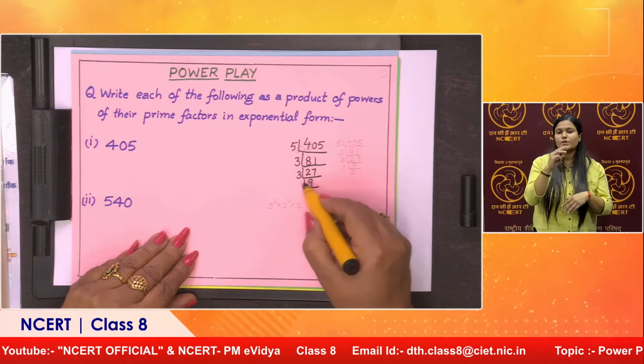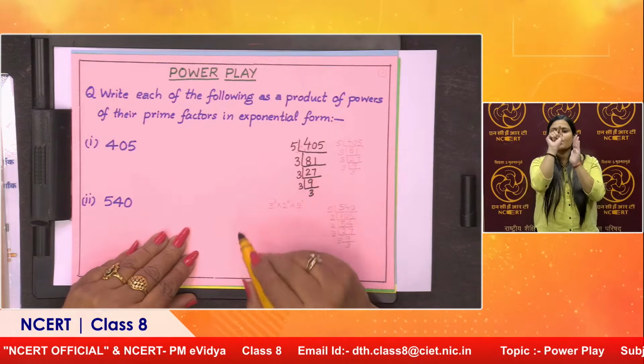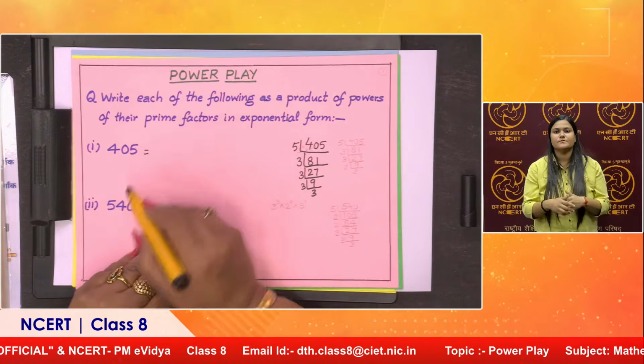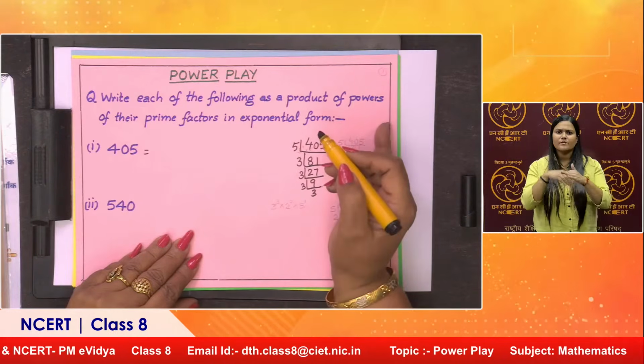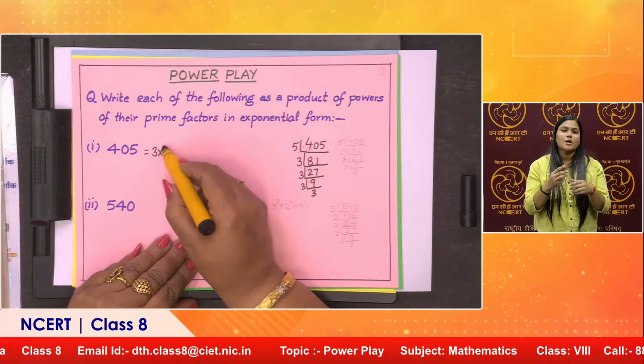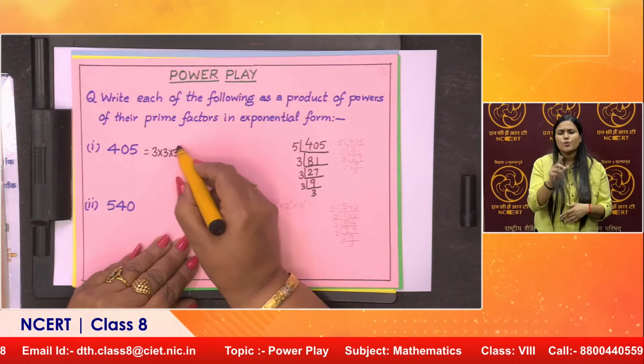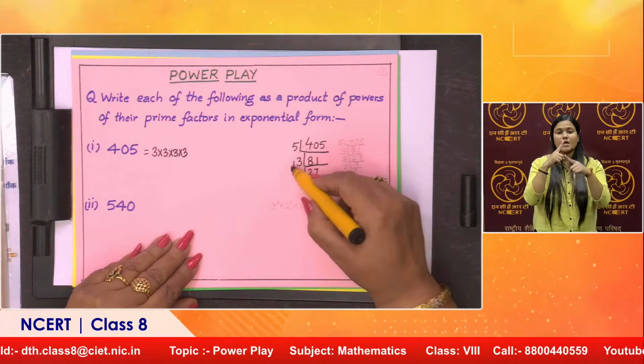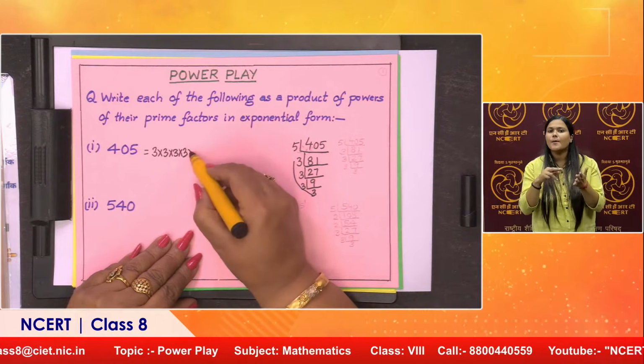And 3 threes are 9. Now, in order to write down 405 as a product of its prime factors, what can I write? 3 is occurring how many times? 3 into 3 into 3 into 3, it is 4 times, Shivani, into 5.